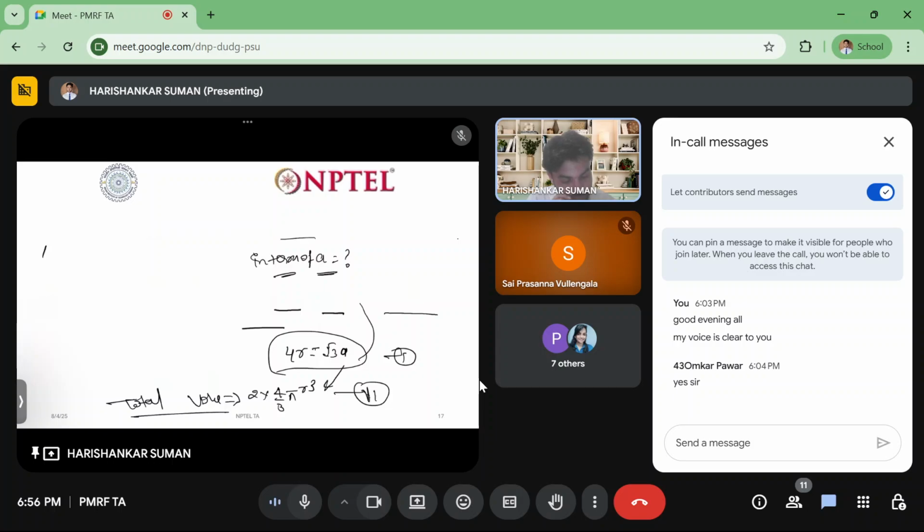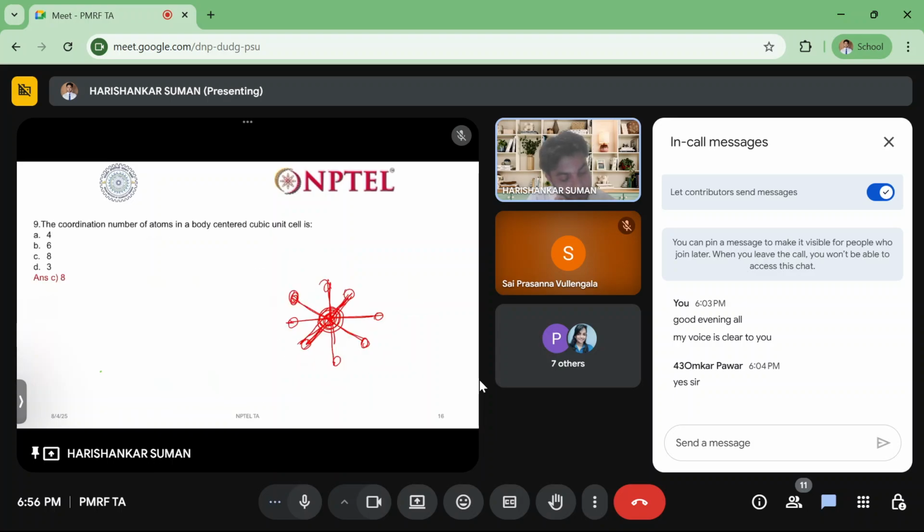One more time on the previous question. Here, body centered cubic we have discussed.